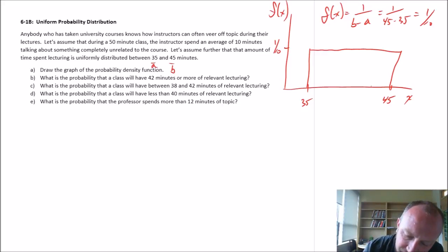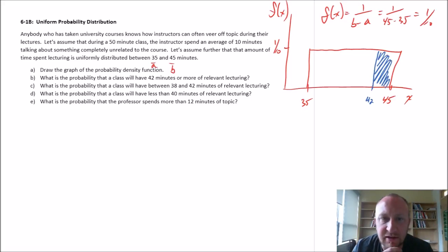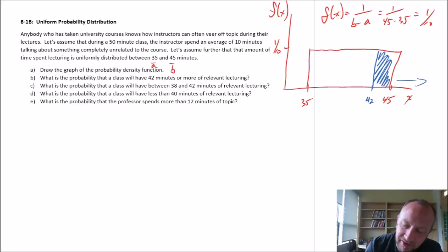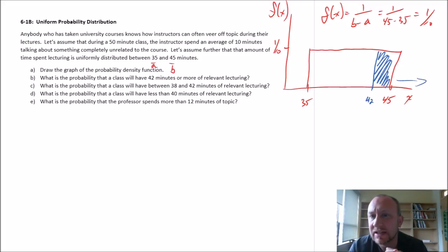So if we have a value, let's say 42 is right here, now we're looking at calculating this area here. Now the question says 42 minutes or more of relevant lecturing. But given that it's distributed between 35 and 45, beyond 45 the density function takes on a value of 0.